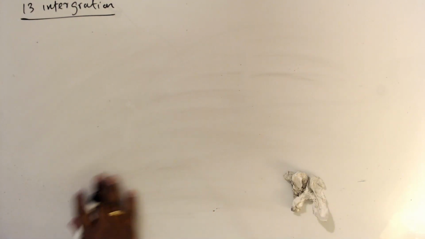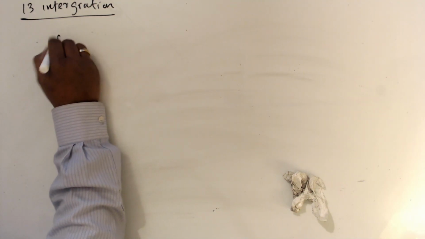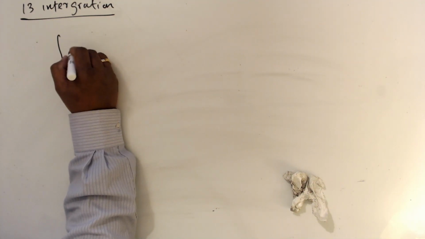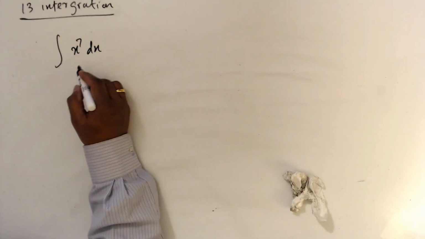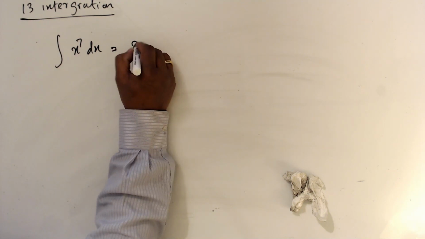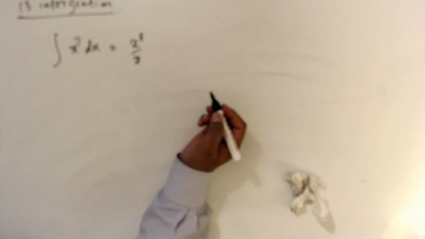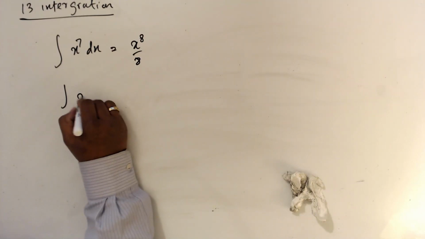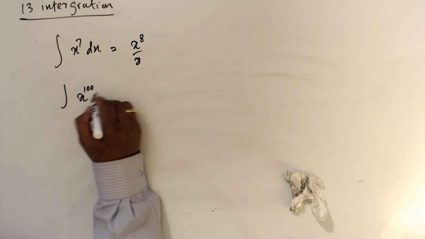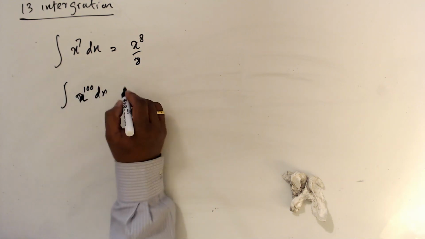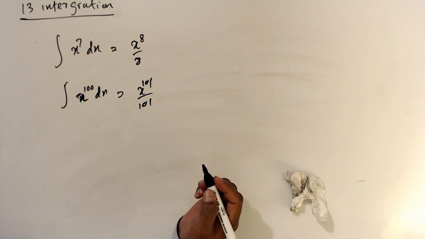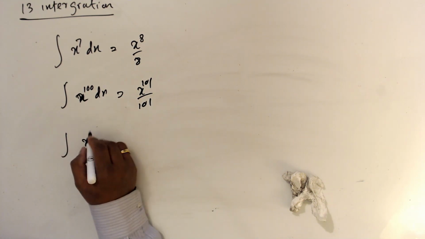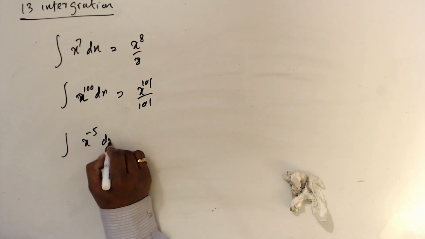Now let's forget about the previous discussion, and simply if I ask you to integrate x to the power 7 dx, the answer is x to the power 8 over 8. If I ask you x to the power 100 dx, the answer is x to the power 101 over 101. Another one, x to the power minus 5 dx.